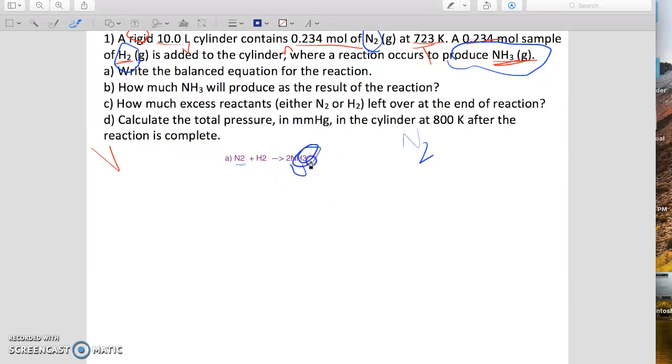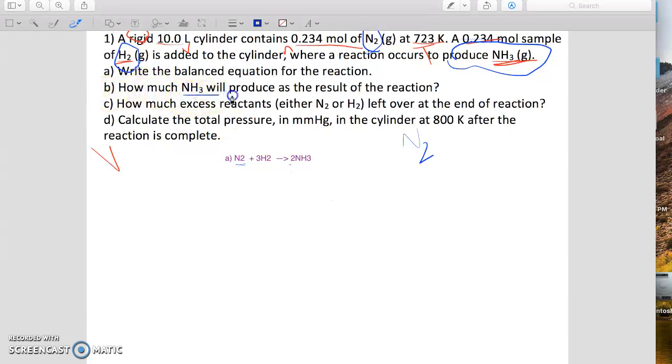The subscript 3 is at the end, so it only belongs to the H. So the H will be 2 times 3, which is 6. That means I need to go here and make it 6. It already has 2, so I put 3 in the front, and I get my formula: N2 plus 3 H2 goes to 2 NH3.